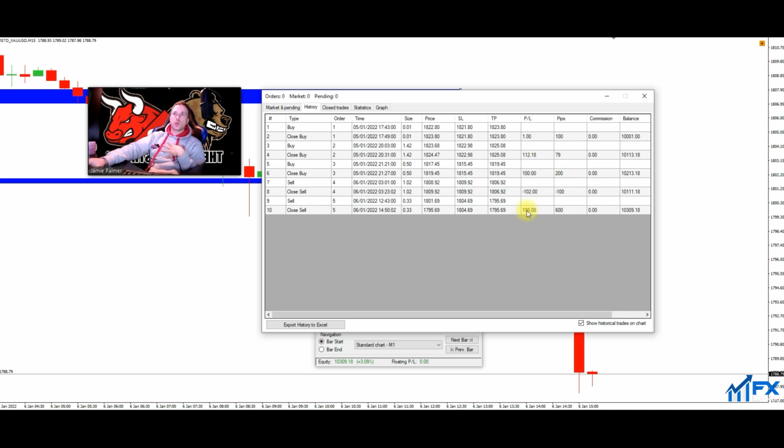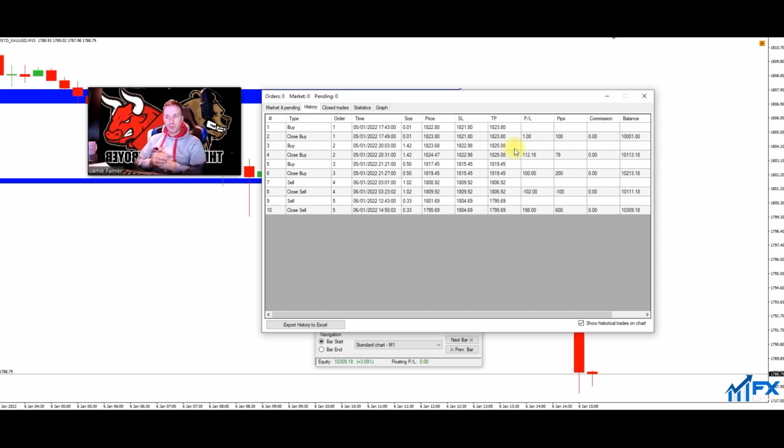We've taken 1, 2, 3, 4, 5 trades and we've won 4, lost 1. Like I said, we should actually be at a 4% gain. That first trade, I messed up the lot size. But yeah, 5 trades, 4 winners, 1 loss, 4% gain.